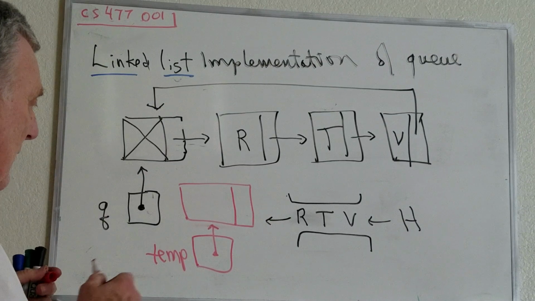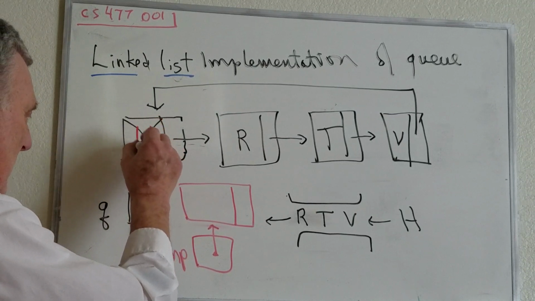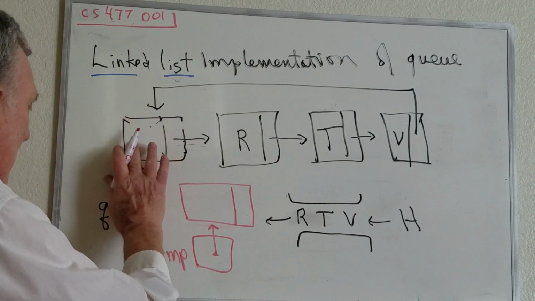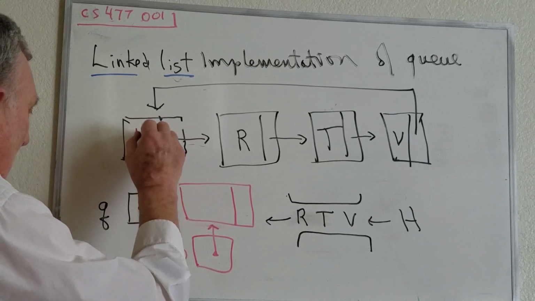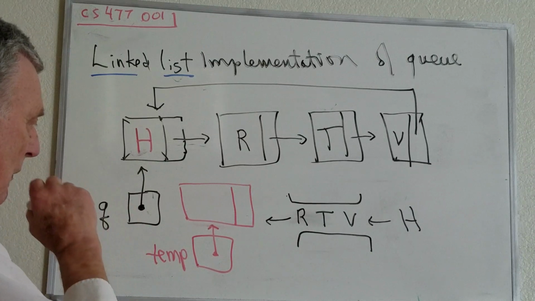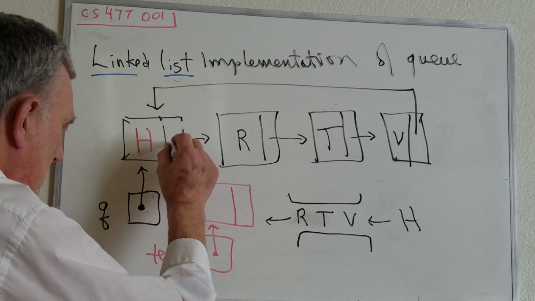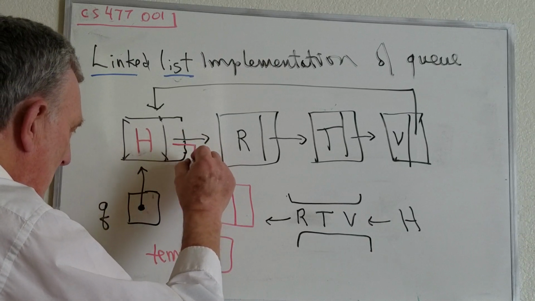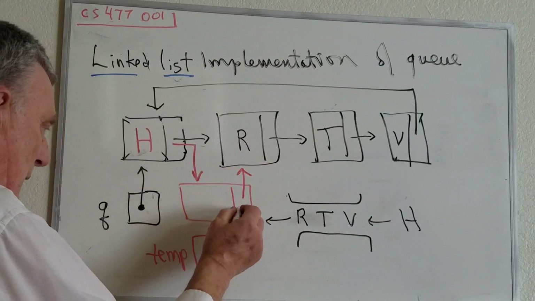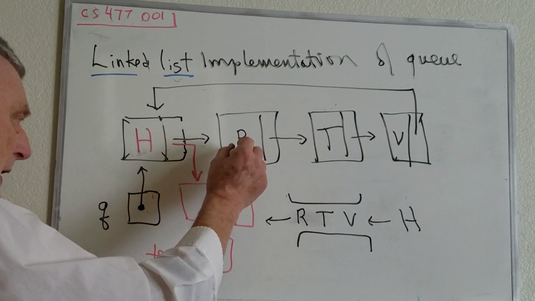Now, what we do here is we point up to here and we write the inserted item inside that. So I guess we should no longer have an X, because it's not a don't care anymore. We put that there. And then we proceed using this temp pointer to point this way here, and then we define the pointer for this temp variable to point to here, which is still the front item.